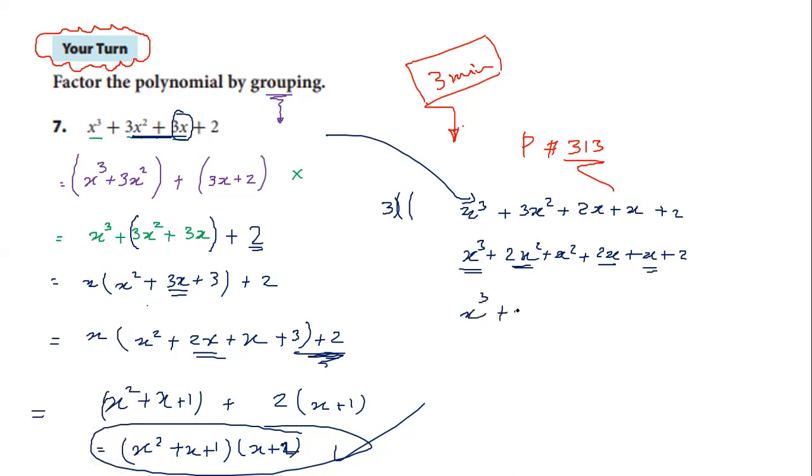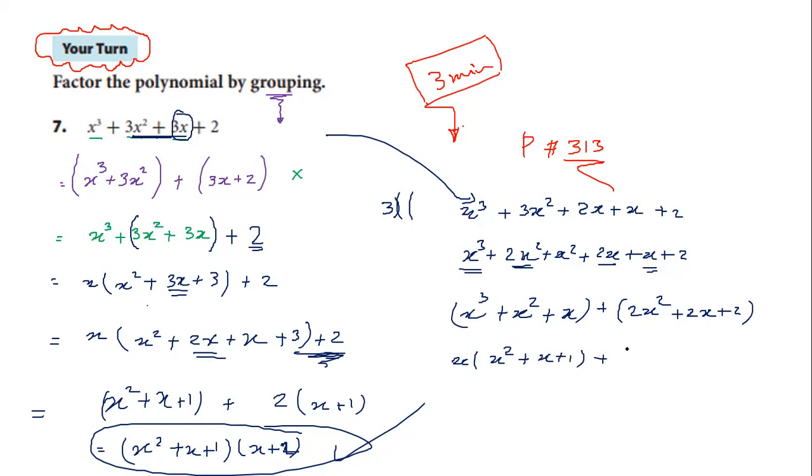Here take 2 as a common factor, and we still have x squared plus x plus 1, right? This is the correct way.